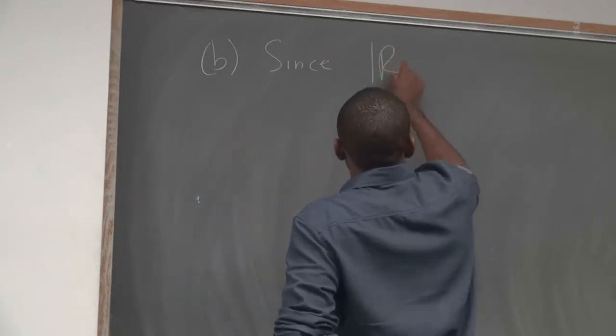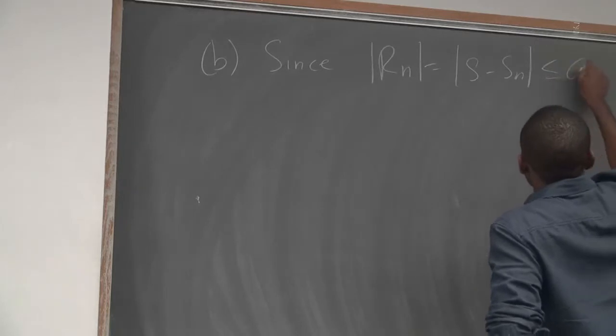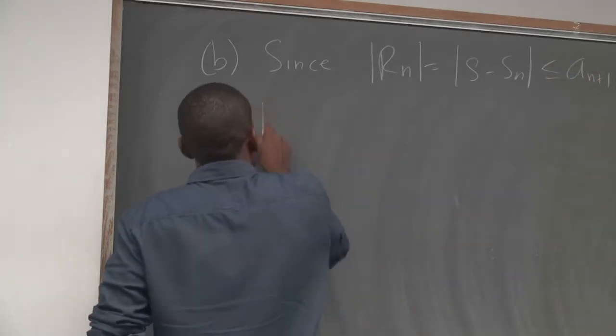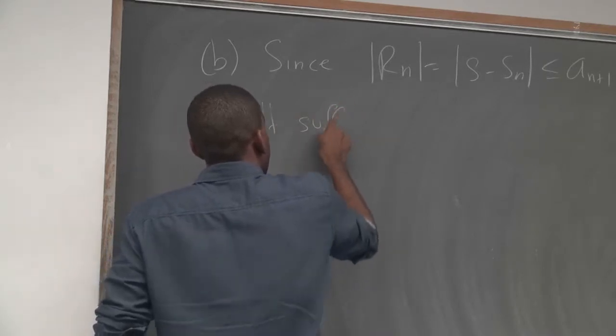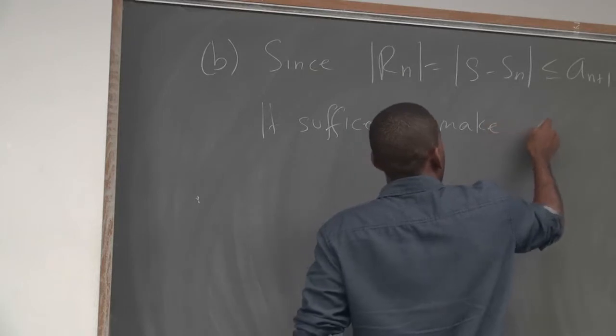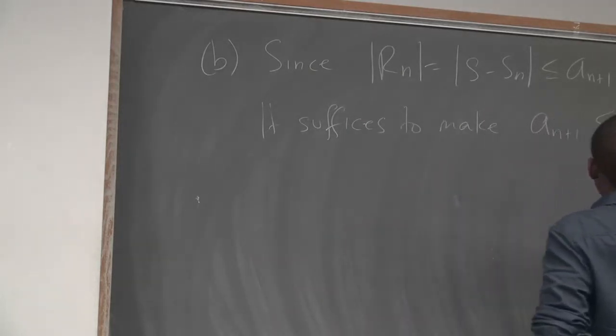Since Rn equals S minus Sn less than An plus 1, it suffices to make An plus 1 less than 1/100. Right?